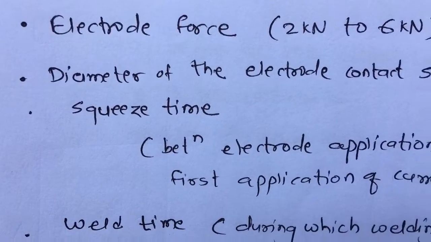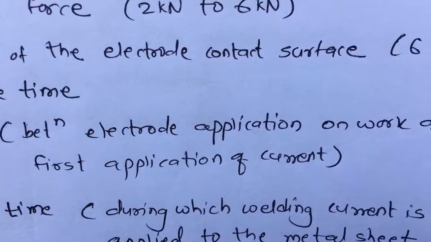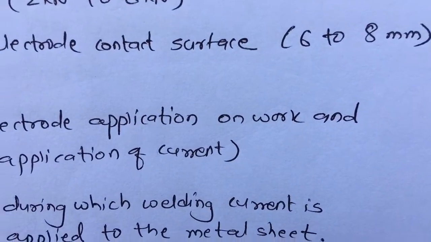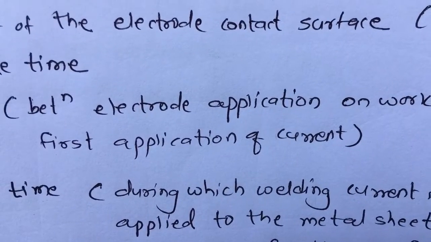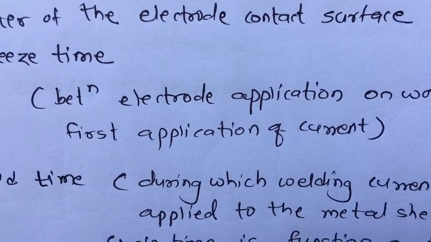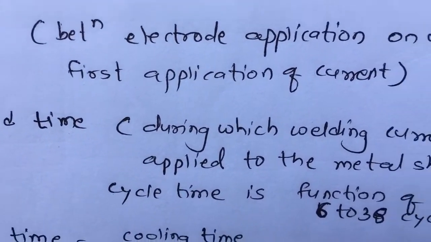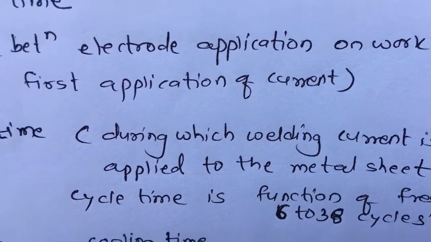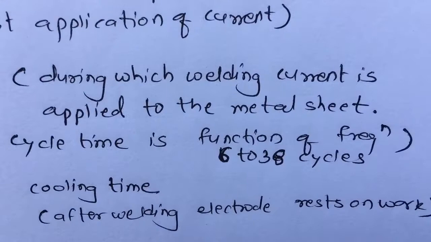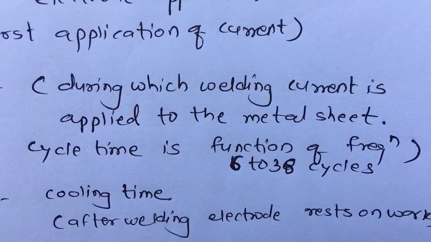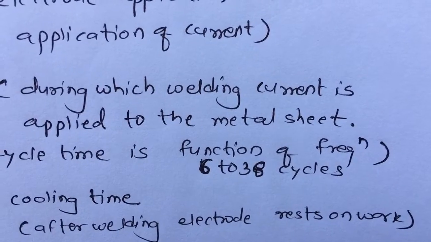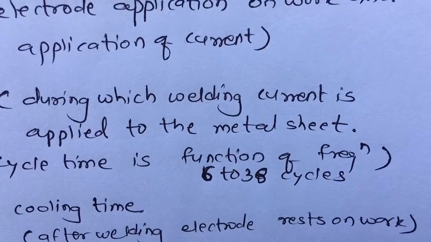Then there is an important parameter called squeeze time. This is the time between electrode application on the work and the first application of current. Then there is weld time, during which welding current is applied to the metal sheet. The welding time is expressed in terms of cycles, which is a function of the application frequency.